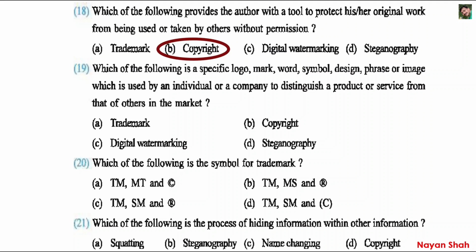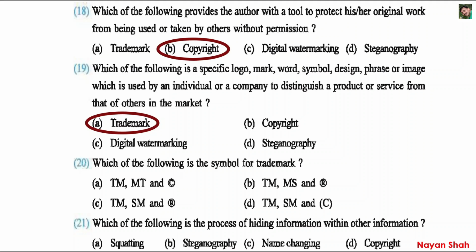Suppose there are many toothpaste products, but when you want to distinguish your product from other toothpaste companies, what do they do? They use a trademark. Trademark is something where they try to distinguish their product or services from that of the others.